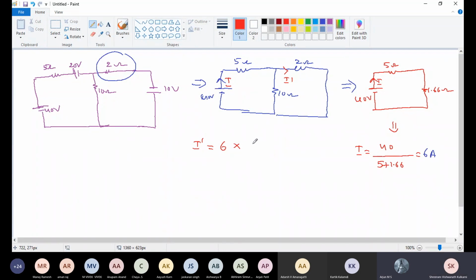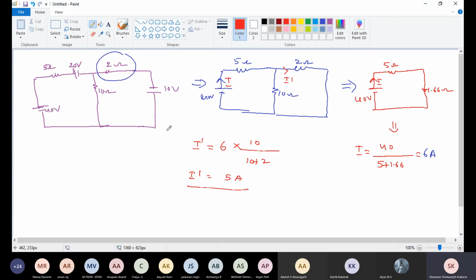Why 10? It is the opposite one in the combination. Here the opposite resistance is 10 ohm, 10 divided by the total resistance 10 plus 2. I dash is equal to 5 ampere, due to this 40 volt.